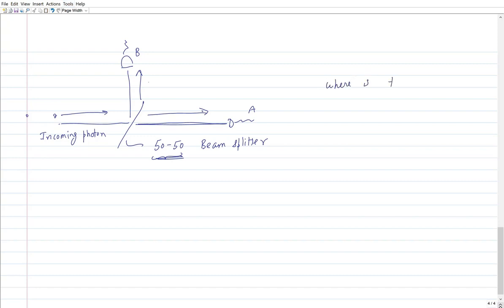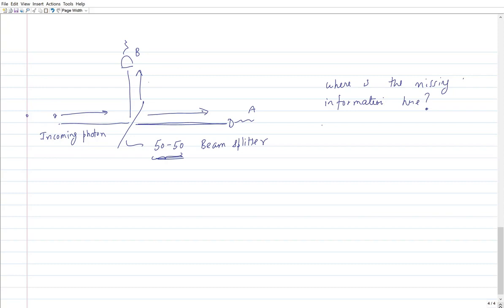Where is the missing information here? Well, the beauty is that there is no missing information.